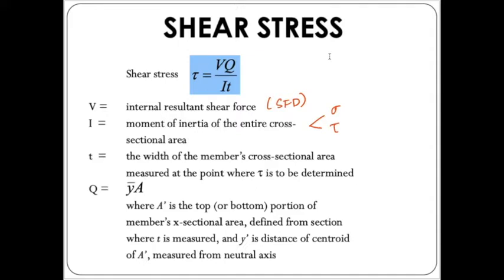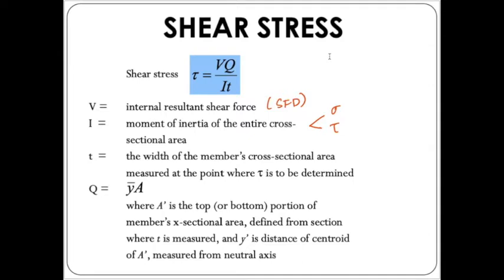Then we also have the thickness, which is t. This t is considered as the width of the member's cross-sectional area measured at the point where tau is to be determined. We need to determine the location of the shear stress first, then only we can determine which value of t we are going to use.